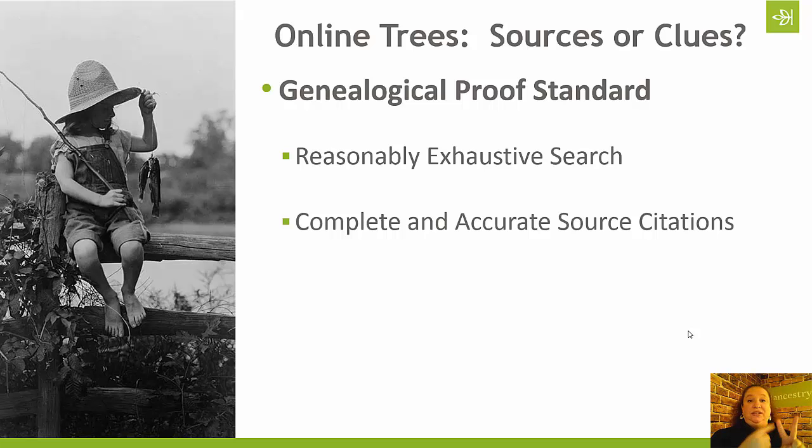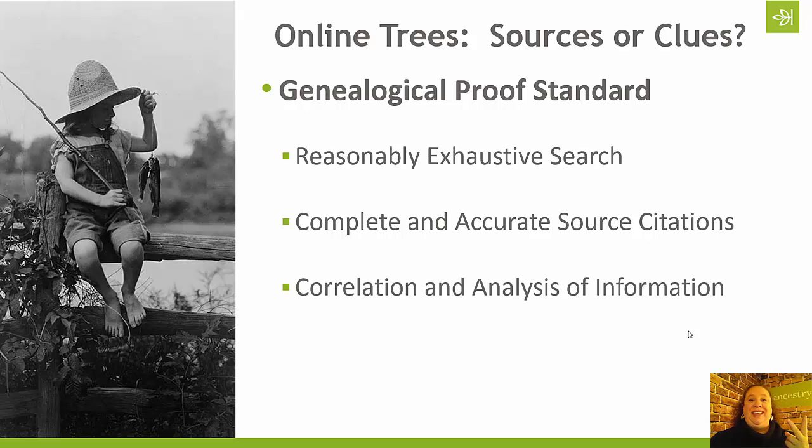If the index and the certificate have different information, I have to then analyze that information in order to come to the conclusion that I need to about what is accurate and what is not accurate. So step 3 of the genealogical proof standard is correlation and analysis of information, which means we gather everything we can through that reasonably exhaustive search.